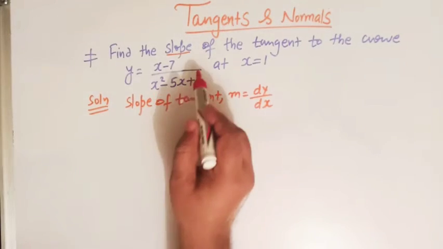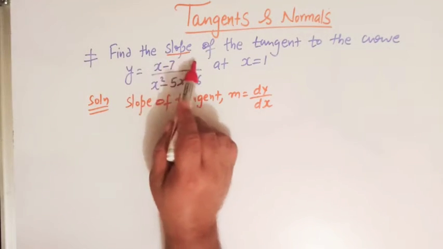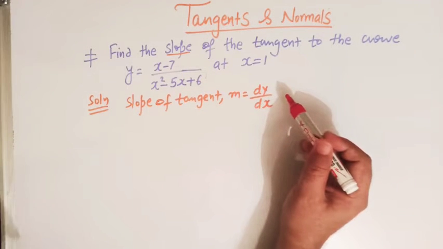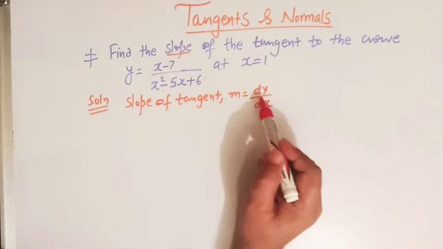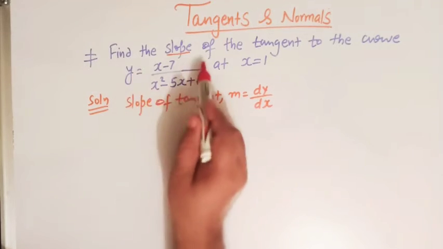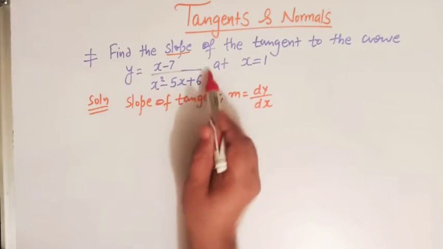So our main aim is to find the derivative. So viewers, always remember that in calculus the derivative plays an important role. So let us first find the derivative of this function.